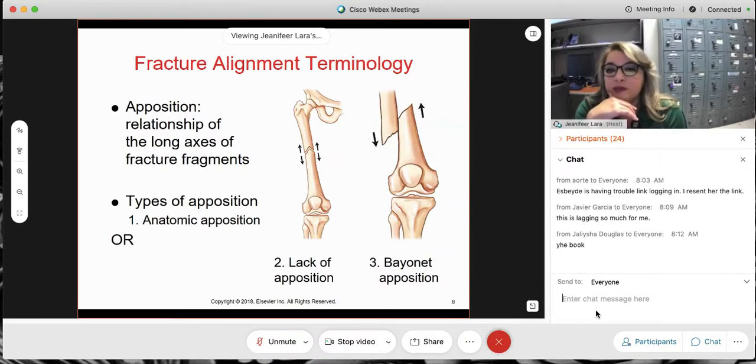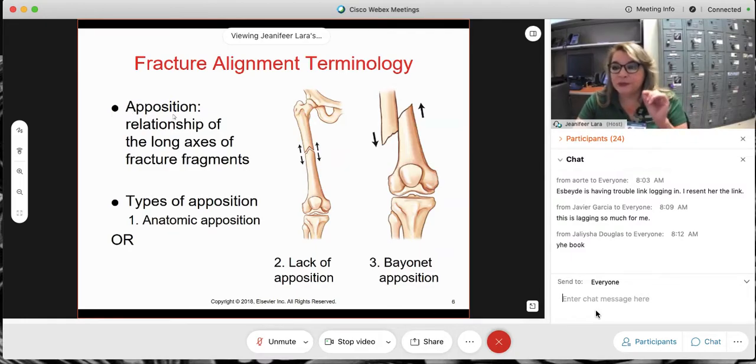Now, when we start talking about fracture, we start talking about alignment. Alignment means how much are they in the same plane? Are the two pieces of the fractured bone in the same plane as they originally were before the fracture happened? So fracture alignment is going to talk about apposition.